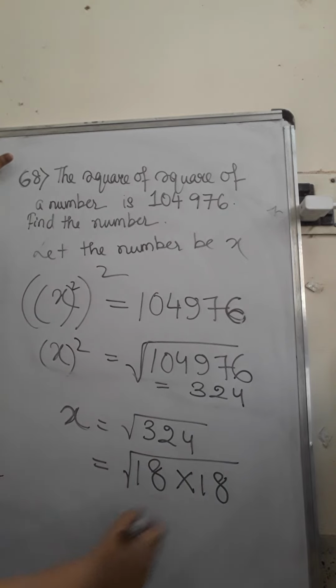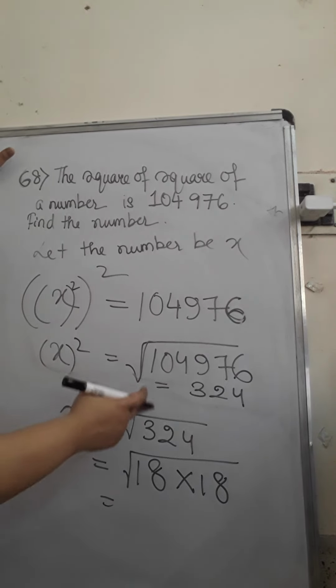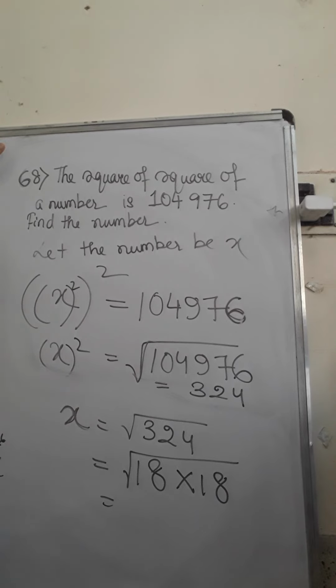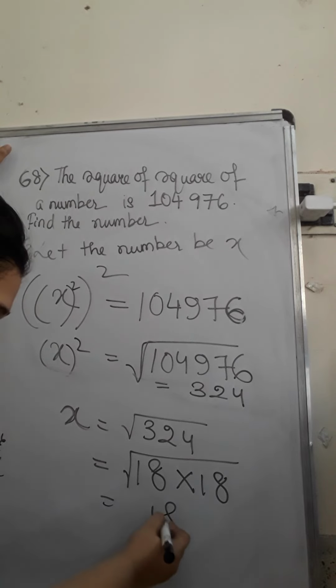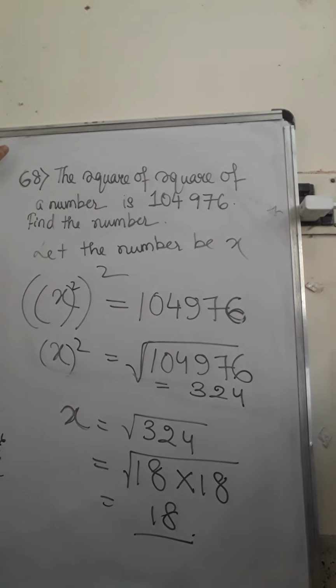You can show 324 as a multiplication of two similar numbers, and you don't have to follow division method. Here we followed because the number was bigger. Here only by observation, you can do 18 into 18 and you can find the answer. So if I take outside the square root, it is 18. So x equal to 18 means the unknown number is equal to 18 and we got the answer.